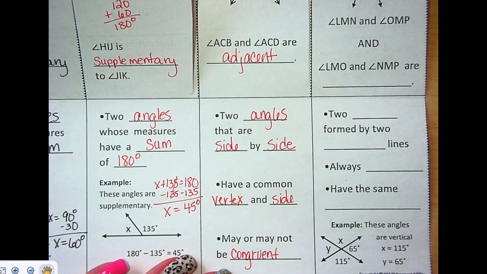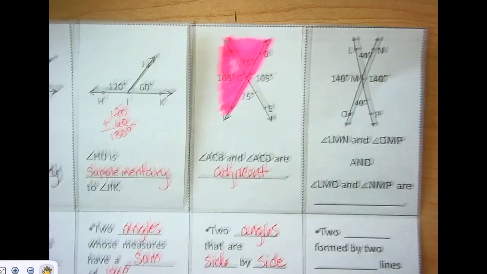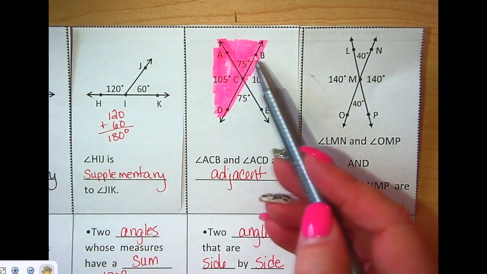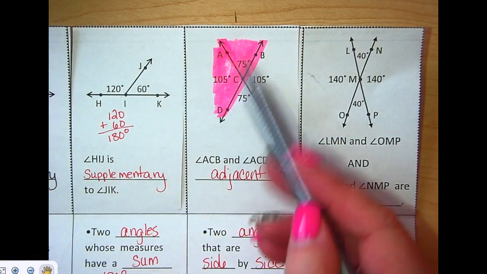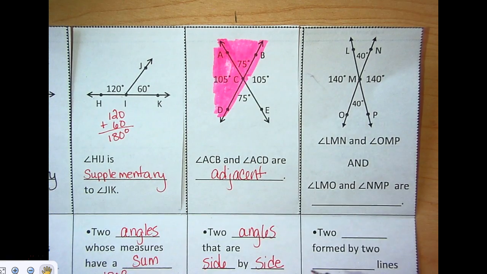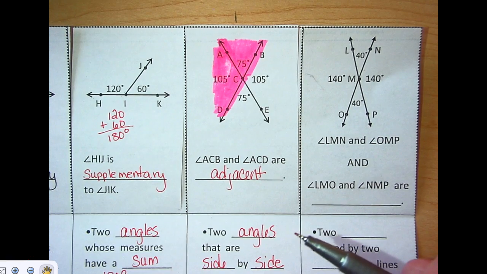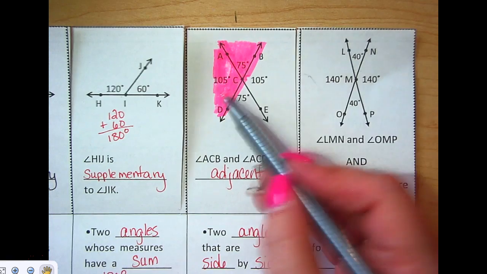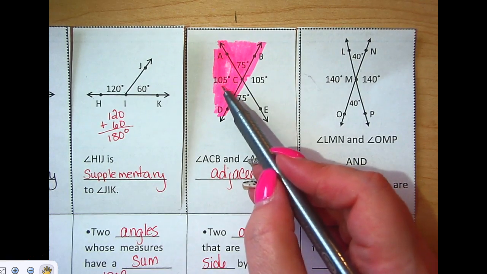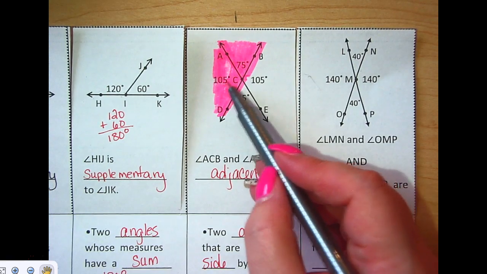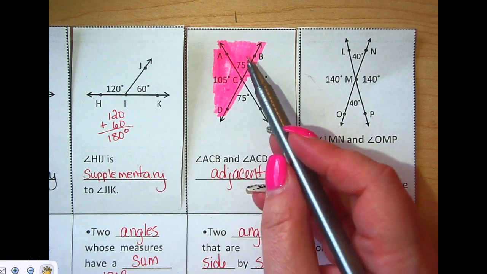So in our example here, are these two congruent up here? No. How do I know? This one's 105 degrees. This one is 75 degrees.